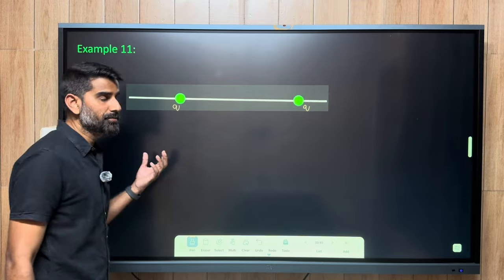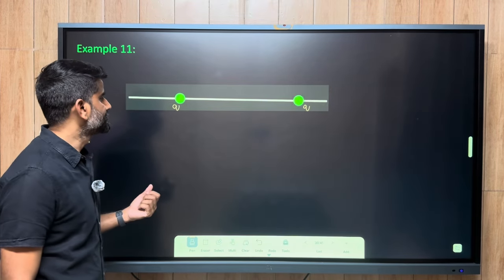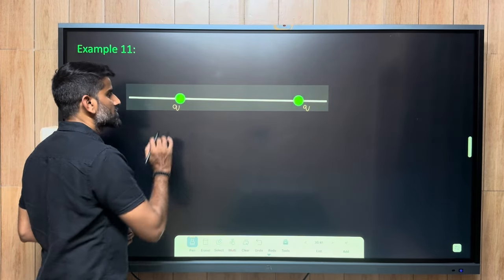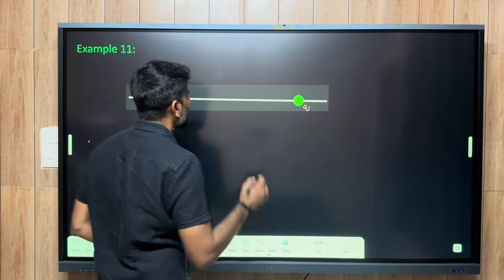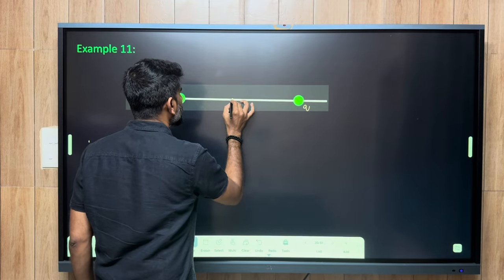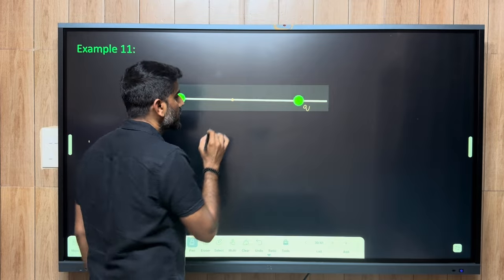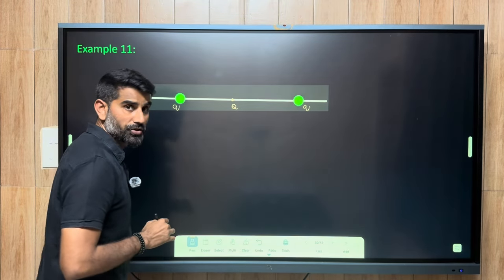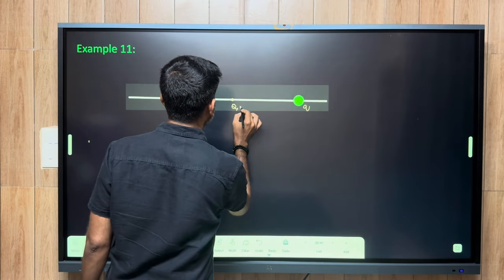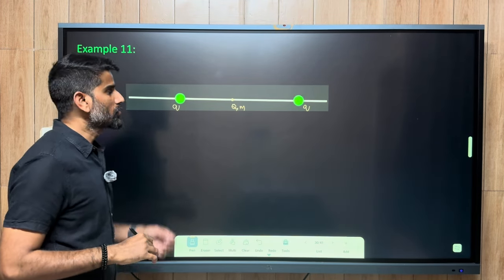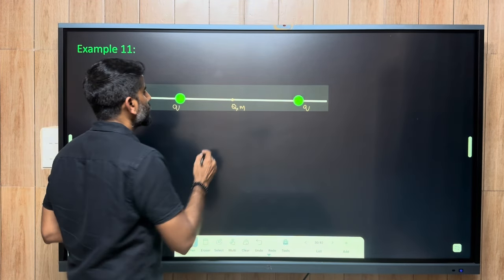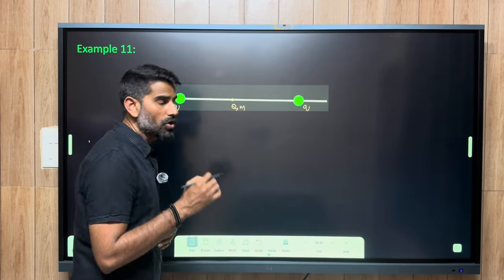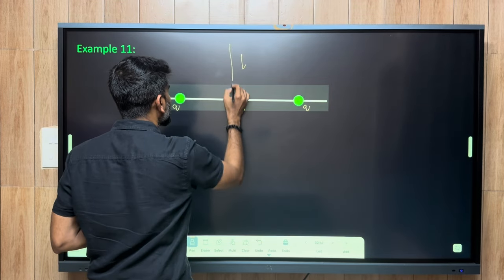Let's look at this example. Let's define this example. This charge is q, this charge is also q. Third particle can be in equilibrium exactly at the middle. I'm taking that charge as q and its mass as m. Okay, now what I'm going to do is I'm going to displace this third charge along the perpendicular bisector.